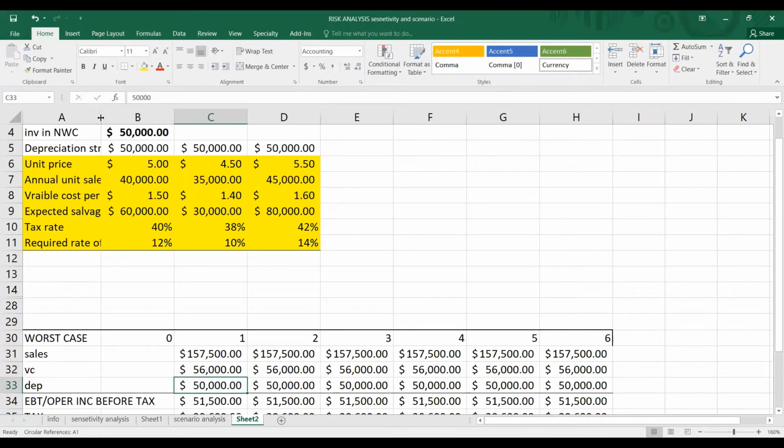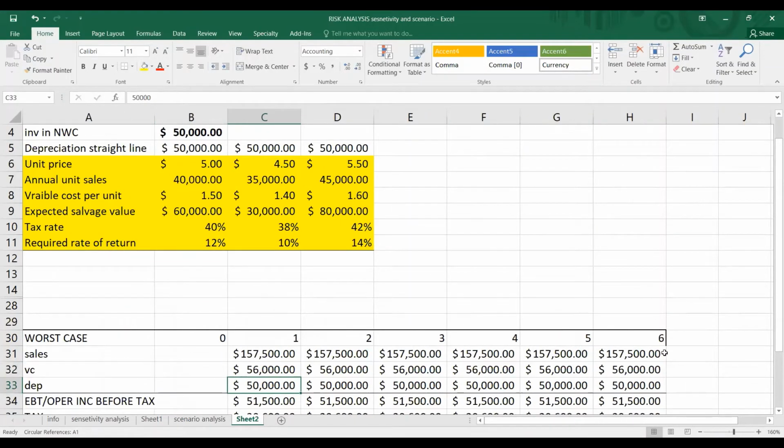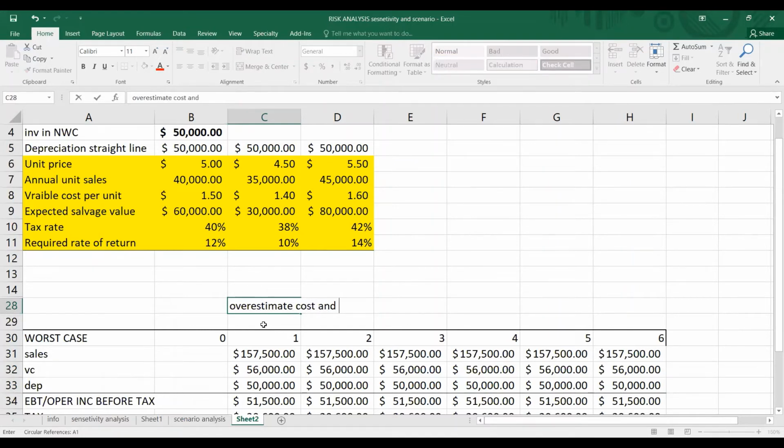Okay, thank you. Overestimate cost and underestimate profit. This is the rule of cash flow projection for the worst scenario.